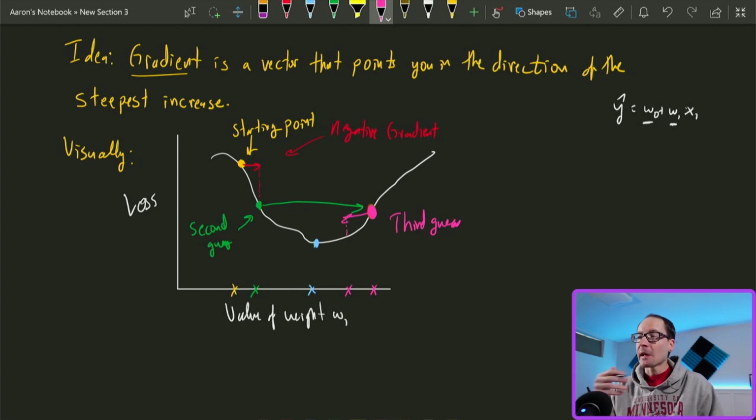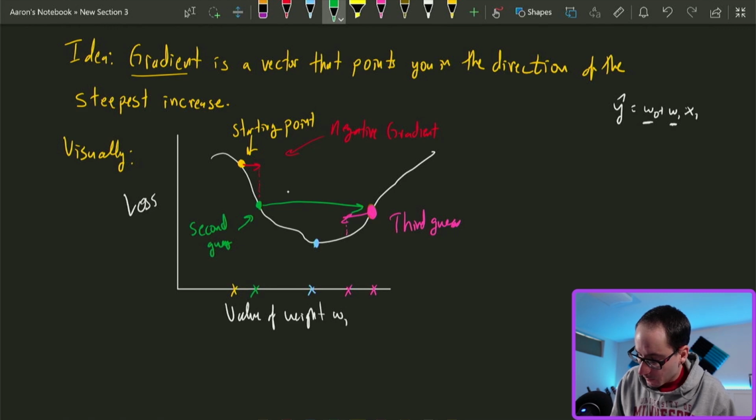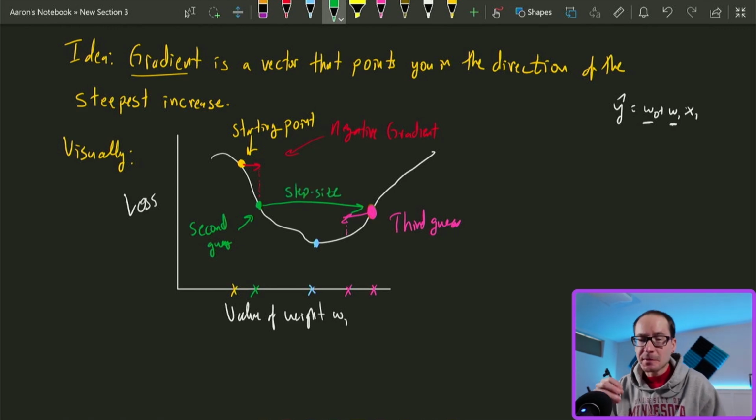That step size issue is something we can address and look at in more detail later on. And there are ideas for choosing varying step sizes, depending on the value of the gradient. If the gradient is extremely steep at certain points, then maybe you don't want to take a large step because it's already going to change a lot. And there are some things like that.